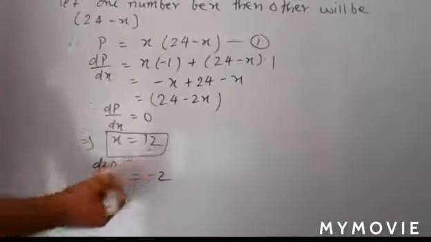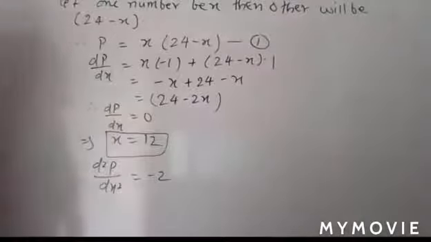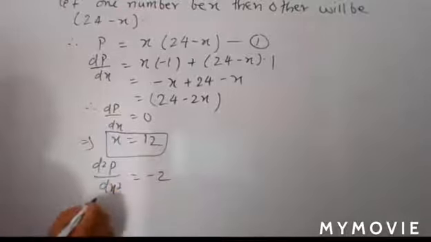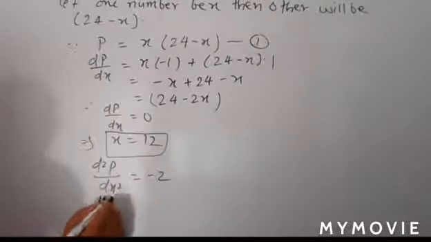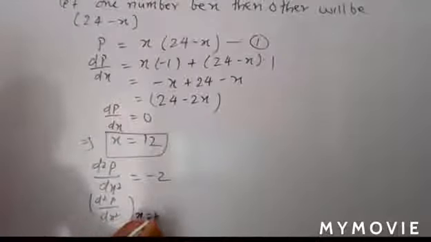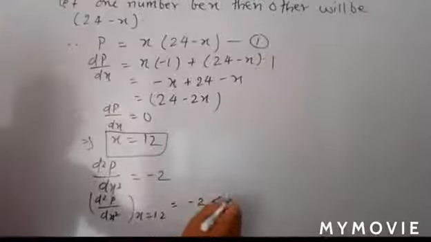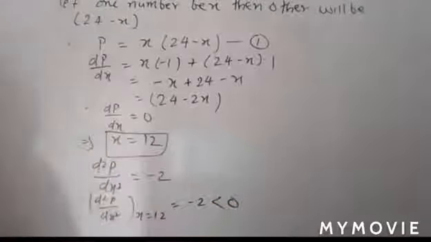So at the critical point, the value of the second derivative is negative. You can write it this way also: the value of the second derivative at x is equal to 12 is minus 2, that is less than 0.